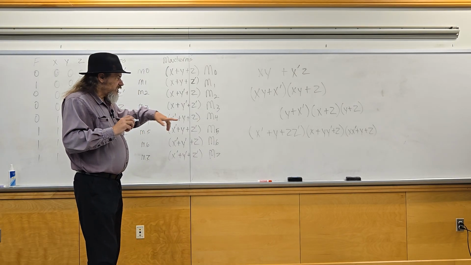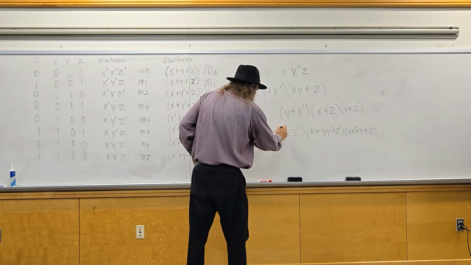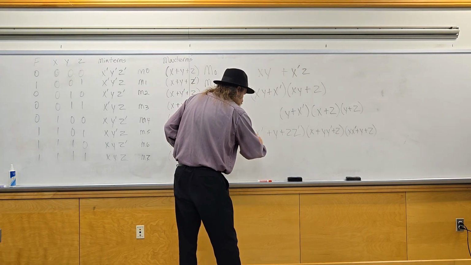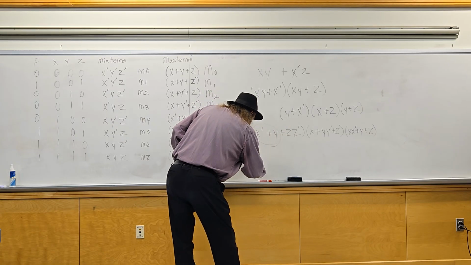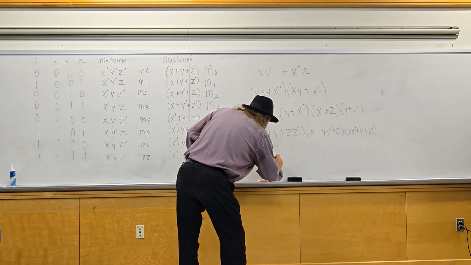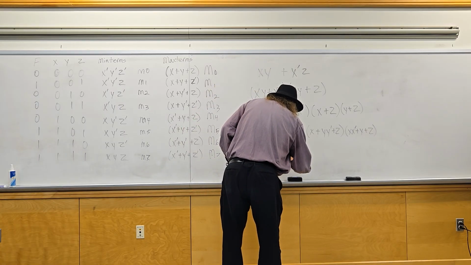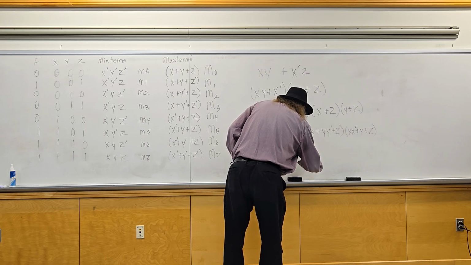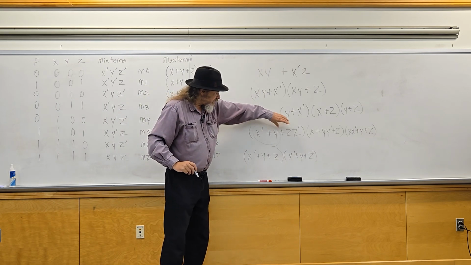I don't really have room to go through all this, but it makes for a big expression, so I'll just do the first term. Distribute this over this, and it becomes x prime plus y plus z, and x prime plus y plus z prime, because you distribute this over that.